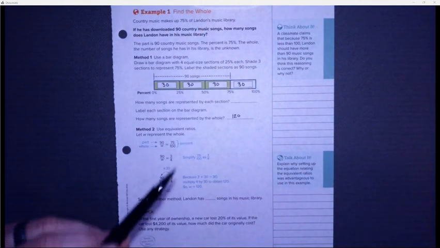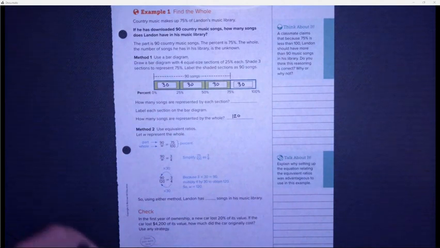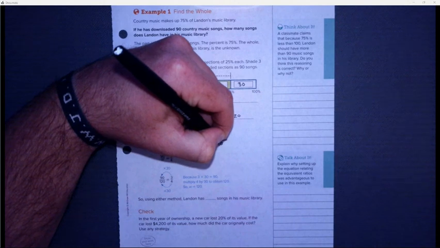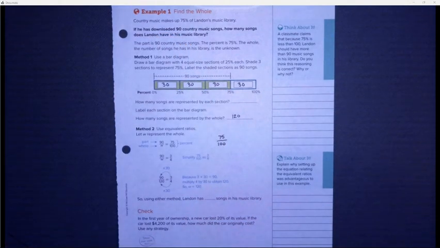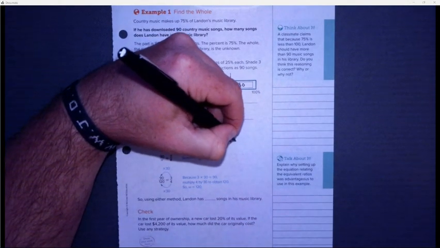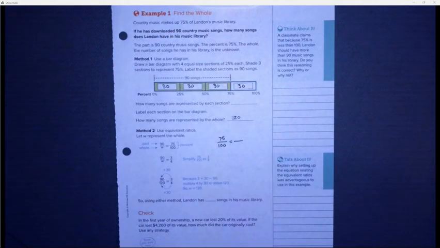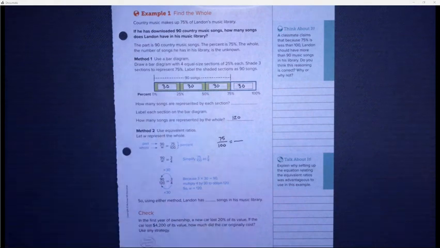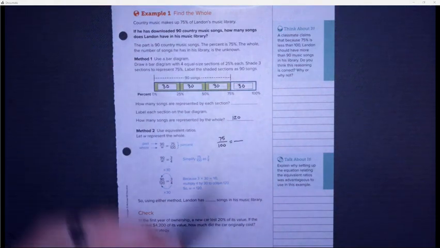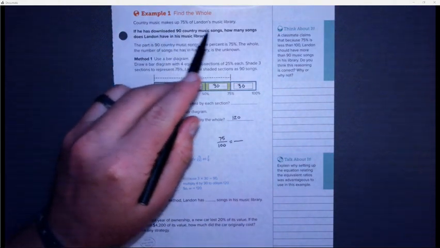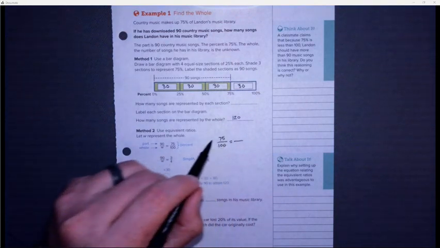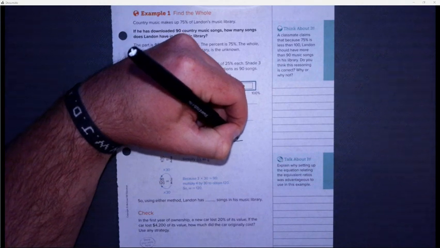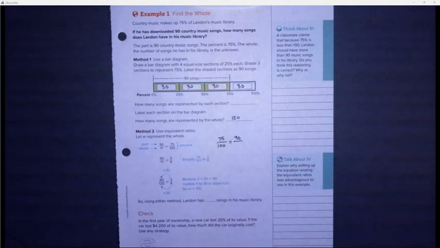The other way we can do this is looking at 75% as a fraction, so 75 over 100. Now we want to find an equivalent fraction to find our missing number. We know our part because 75% is 90. Okay, 75% is country music, 90 country music songs. So they're going to go in the same spot as the numerator. So 90 is our numerator.